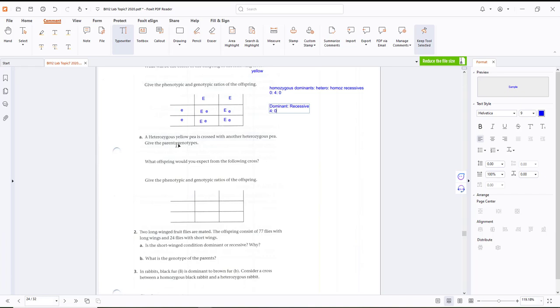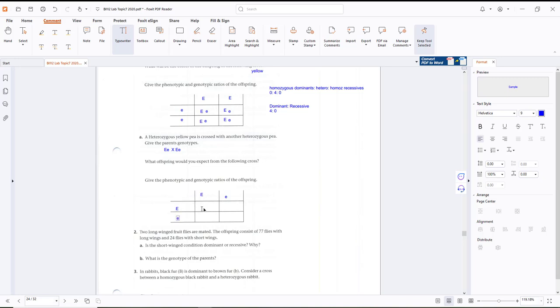A heterozygous yellow pea, so right away I'm going to write the genotype, is crossed with another heterozygous pea. Give the parents' genotype. So I just did. What offspring would you expect from the following cross? Okay, so I'm going to set it up again. So we have a big E and a little e, a big E and a little e for the parents.